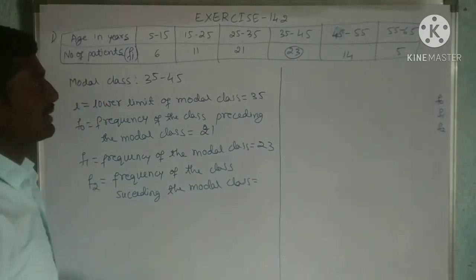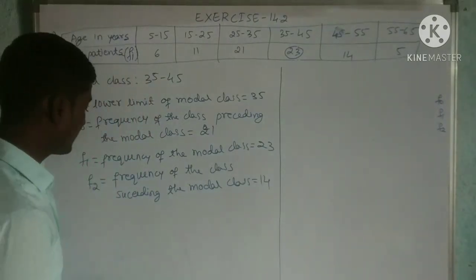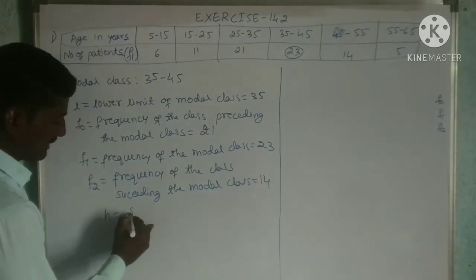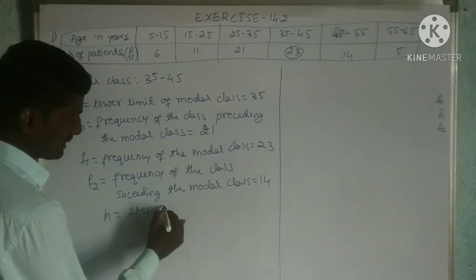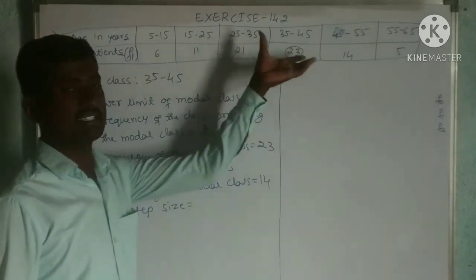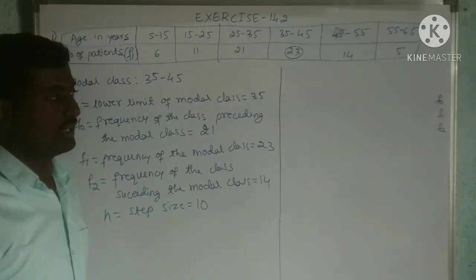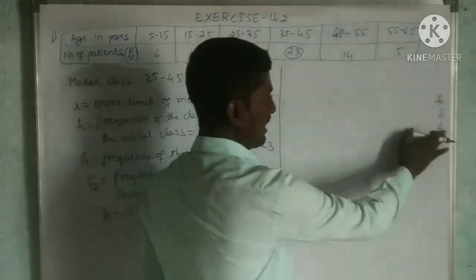That is 14. Then the last term I need is H, that is step length or step size. Both are the same. The difference of each class interval is 10, therefore I will take H as 10. Now I have to use all those terms.